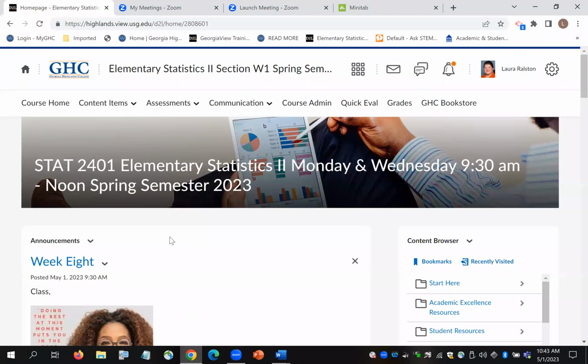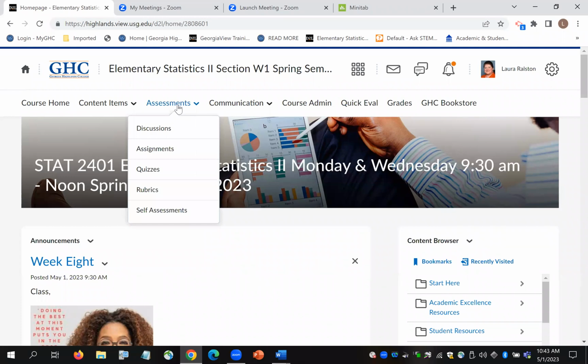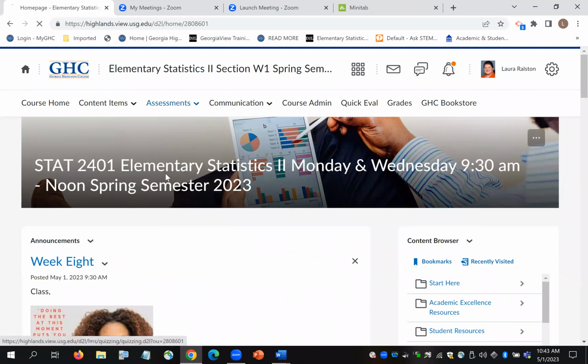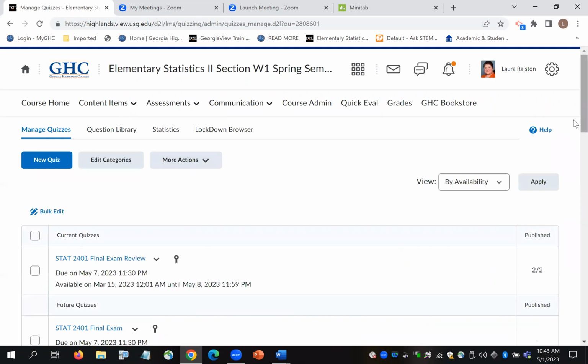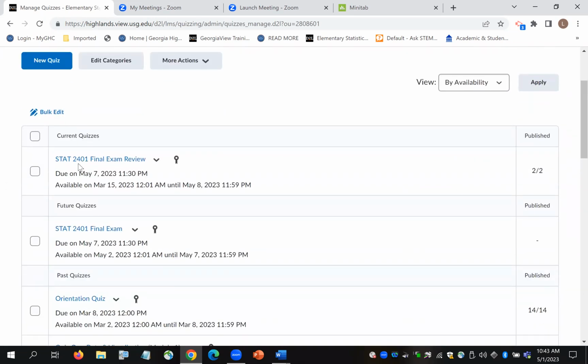If you go to the landing page for the course, go to assessments, quizzes, Stat 2401 final exam review. You do get 10 bonus points for completing it, but it also gives you an idea of what to expect on the final exam.